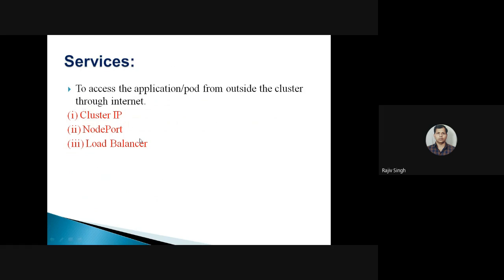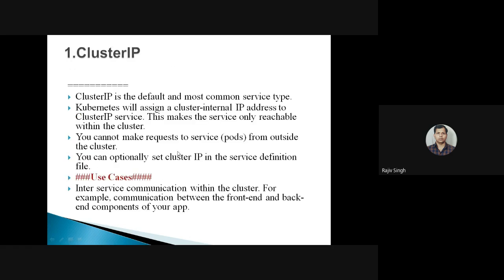Services, which we have discussed. There are 3 types of services: cluster IP, node port, and load balancer. Here, cluster IP, as I already told you, is used if one pod wants to communicate with another pod inside the cluster. In our scenario, if we take the example of our SBC, there are 10 virtual machines in our SBC node.